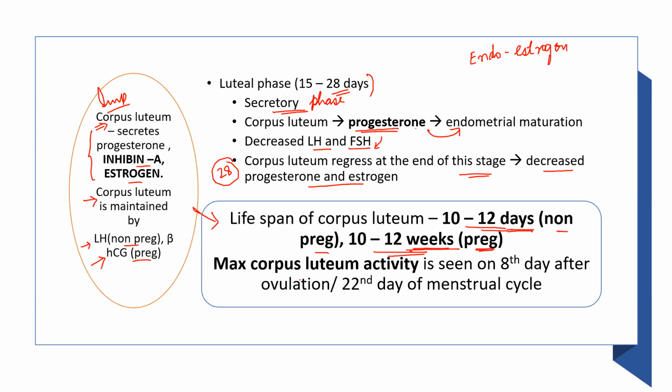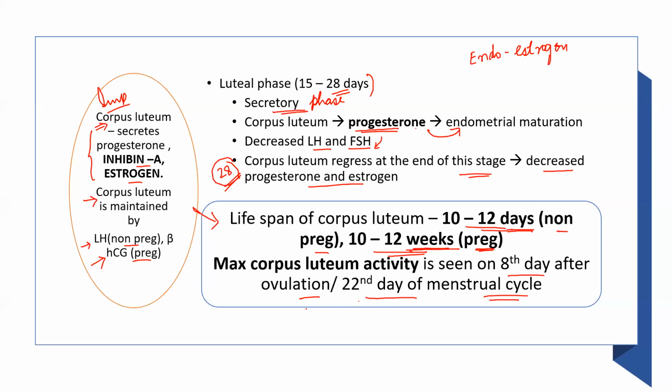The maximum corpus luteum activity is seen on the 8th day after ovulation, which is the 22nd day of the menstrual cycle. We know that only by the 28th day is it going to regress. So by the 22nd day of the menstrual cycle, the corpus luteum activity will be at its maximum.